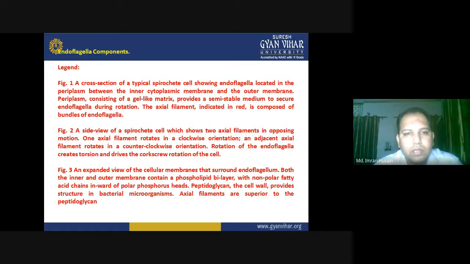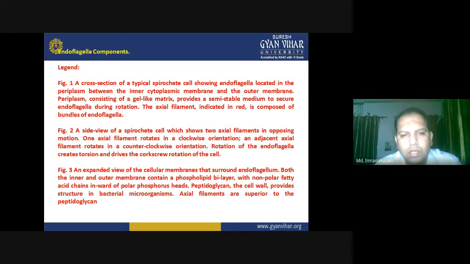Periplasm consists of a gel-like matrix that provides a semi-stable medium to secure endoflagella during rotation. The axial filament, indicated in red, is composed of bundles of endoflagella. Figure 2 is a side view of a spirochete cell, which shows two axial filaments in opposing motion.